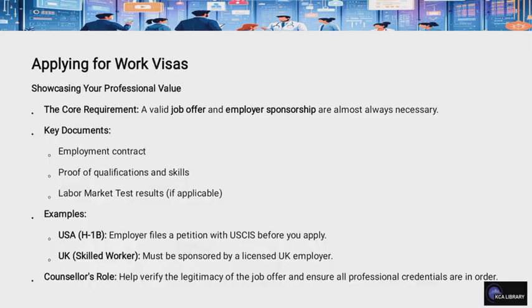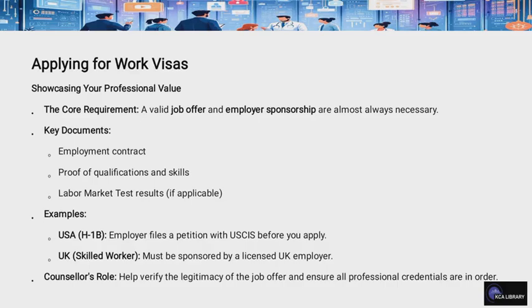Applying for a work visa, the core requirement is a valid job offer and employer sponsorship, which are almost always necessary. Key documents include employment contracts, proof of qualification and skill, and labor market test results if applicable.